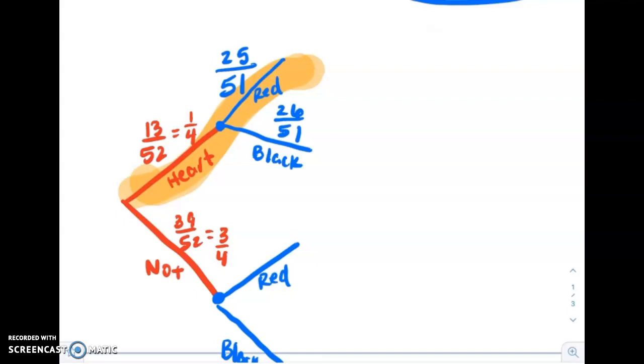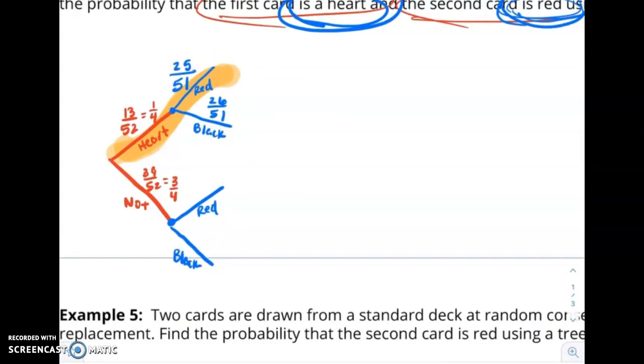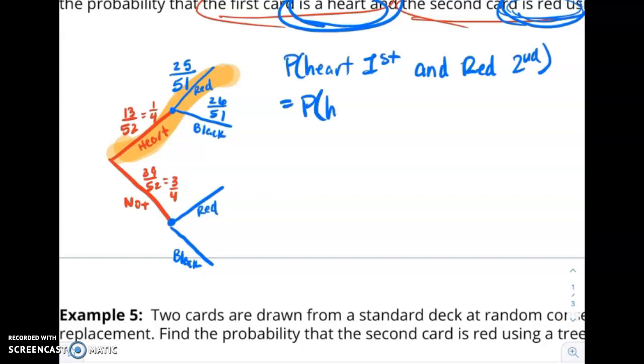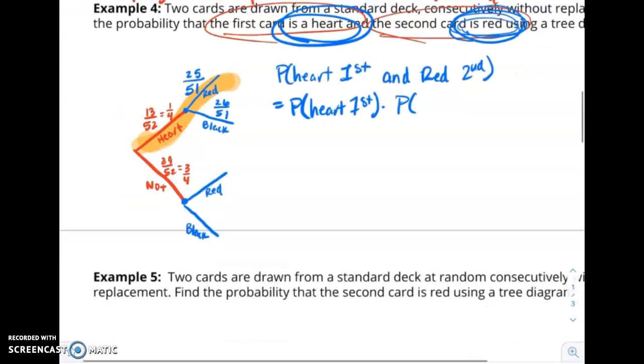Now, if I want to find the probability that it was heart first and red second, so now it's time to answer the question. So the probability of heart first and red second is equal to the probability of heart first times the probability of red second, given that hearts were first.